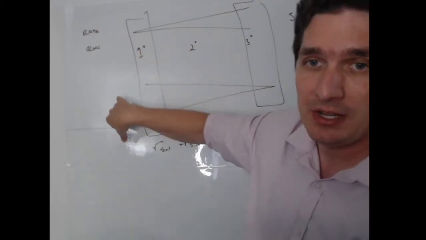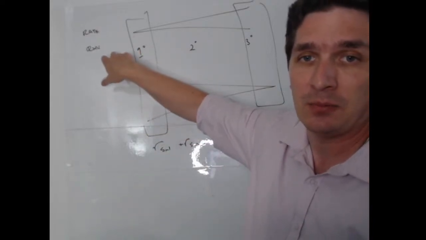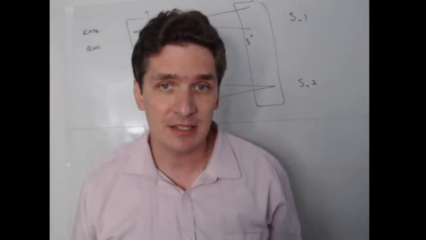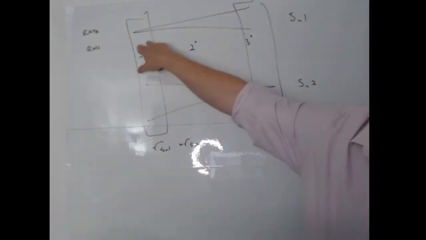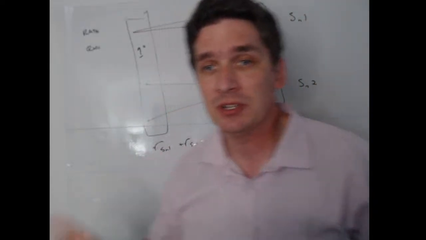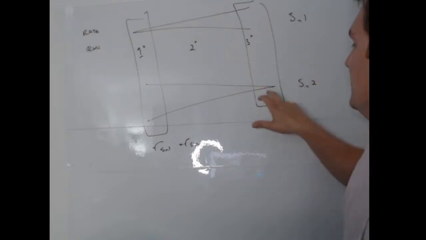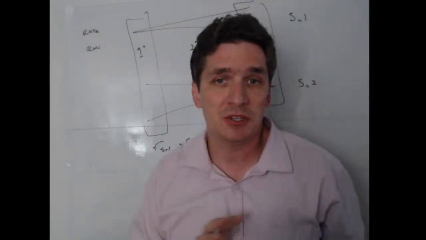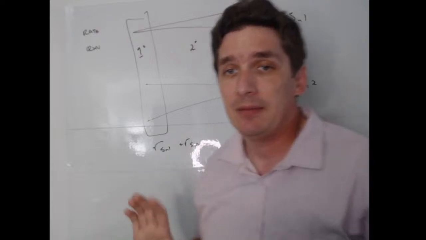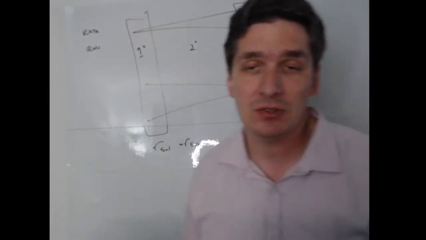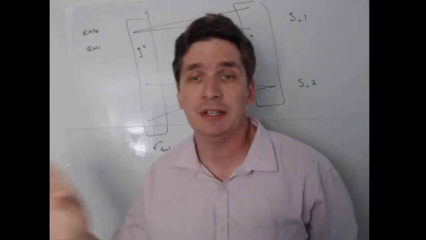The majority of the rate contribution for a primary carbon is going to be from SN2 mechanisms, but there is still some SN1, just a small amount. For tertiary, your predominant mechanism is going to be SN1, and SN2 is pretty much going to be a rare occurrence. Secondary is where it gets kind of dicey. They're probably both happening, so with a secondary you're probably getting SN1 and SN2.